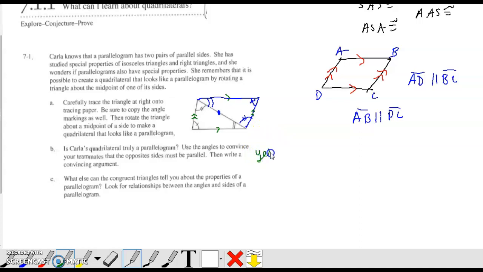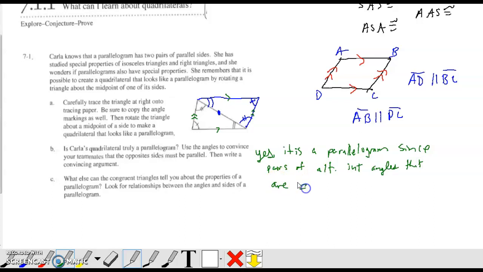So yes, it is a parallelogram since we have pairs of alternate interior angles that are congruent.